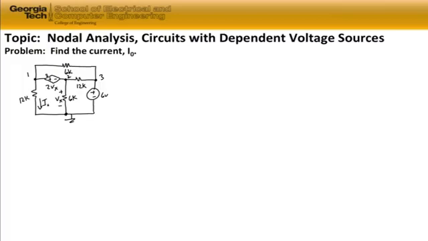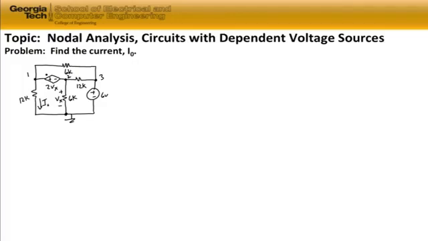So if we were to write those currents and add them up, we would have a known current based on nodal voltages for the 12 kilo ohm resistor and for the 6 kilo ohm resistor. But we would have to introduce an additional unknown current for the dependent voltage source.